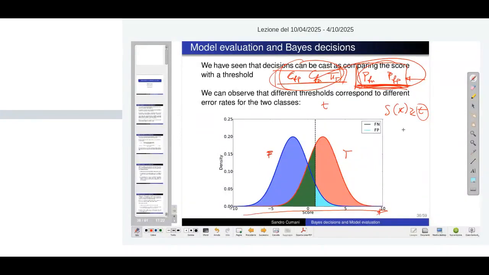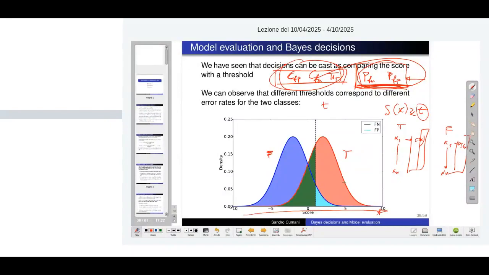So I have taken lots of samples of class true and computed the score. Then for class false, lots of samples, and computed the corresponding score. Then I take the two sets of scores and plot a histogram. If I have enough samples, this will look like a distribution density. So let's plot a distribution density for the score samples, although this should actually be a histogram because we always work with actual data.